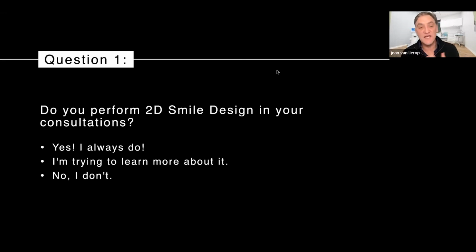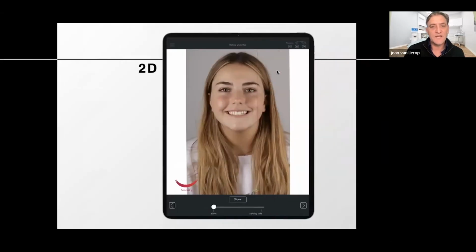Look, within South Africa, I think we've got a very big dental group that already uses two-dimensional simulation to try and help and guide our patients, which is great. That's why we're here. We're trying to learn. We're trying to see how we can do it even better. Okay.